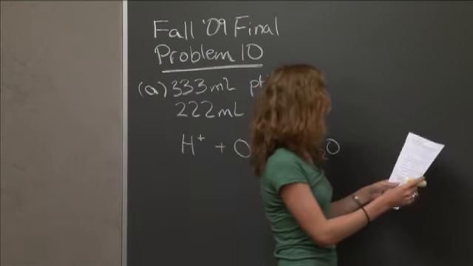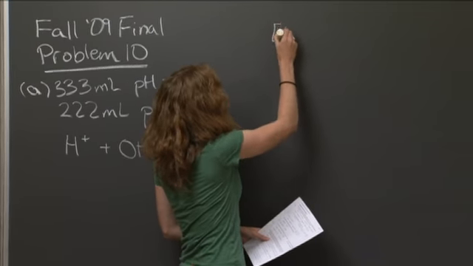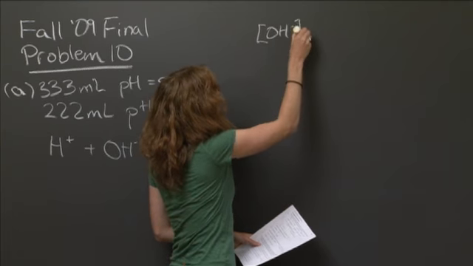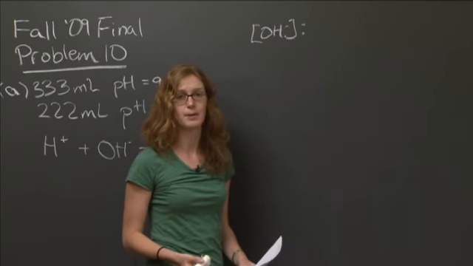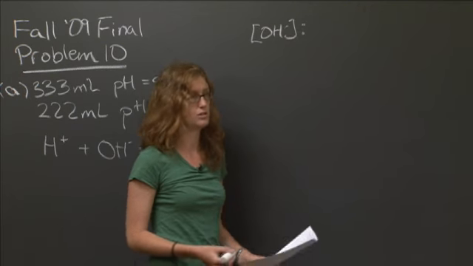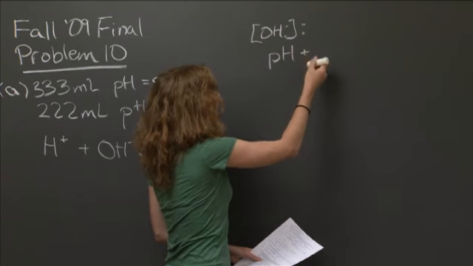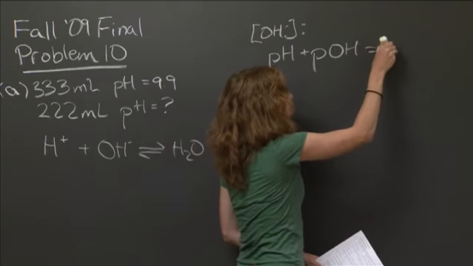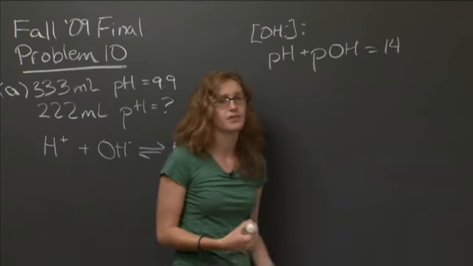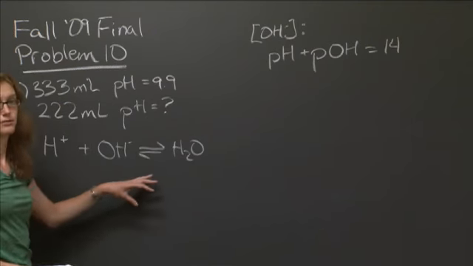So first step is to find out what our concentration of OH is. And we do that by remembering a few things about acid-base solutions, right? We know that the pH plus the pOH equals 14. And this is from the equilibrium constant of this neutralization reaction.